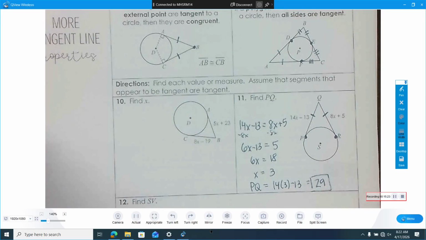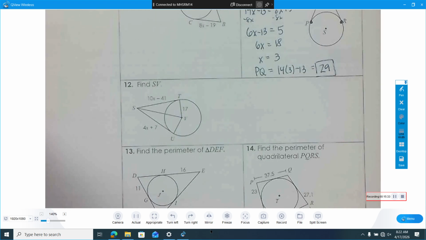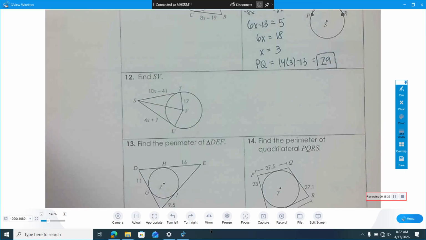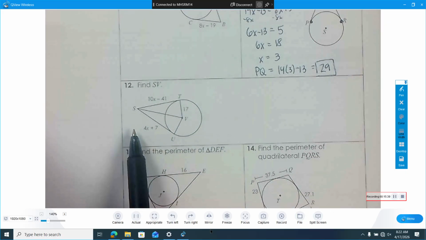All right. Let's look at number 12. I just want to sort of set this up because it's an interesting question.